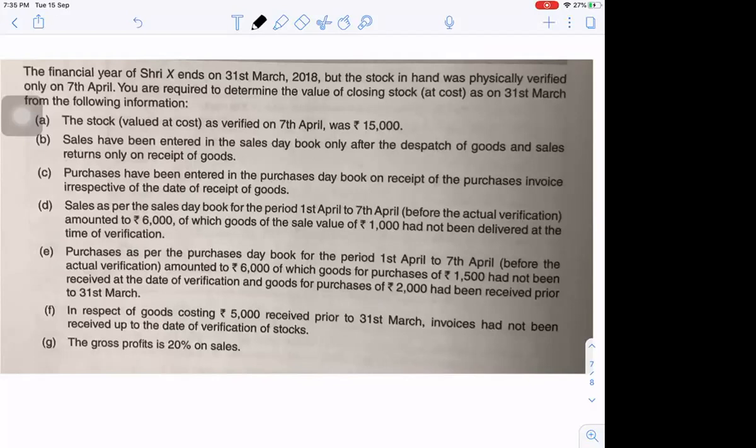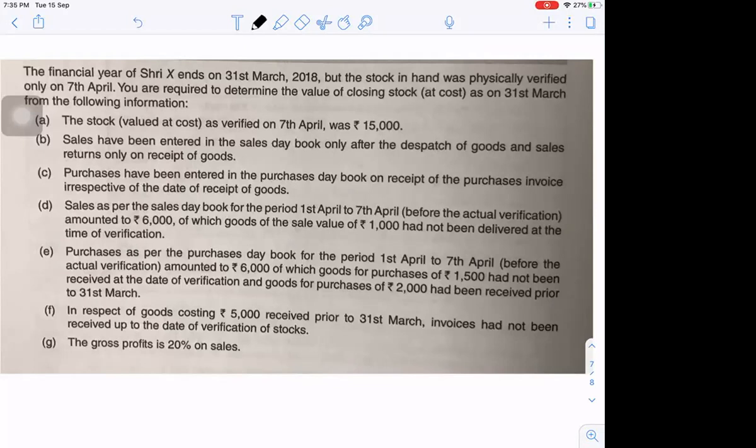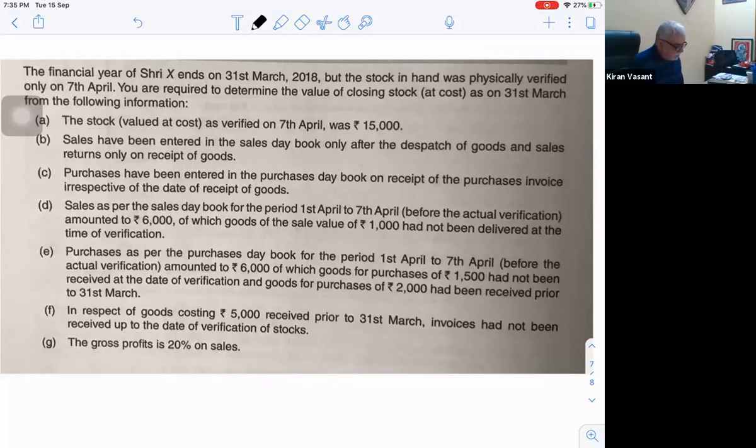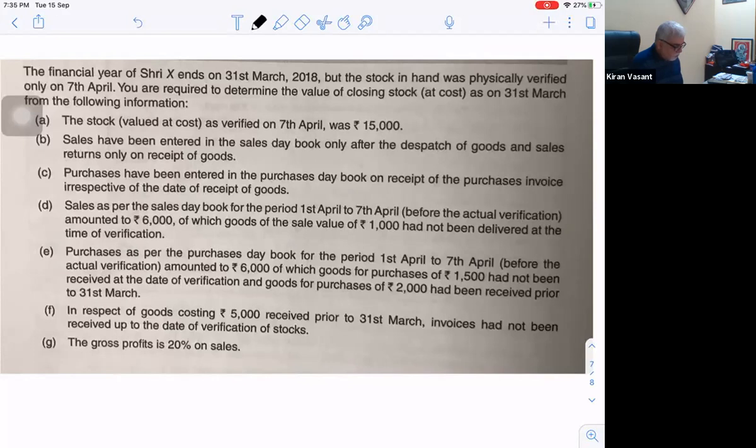Purchases as per the purchase day book for the period 1st April to 7th April before the actual verification amounted to rupees 6,000, of which goods of purchase of rupees 1,500 had not been received at the date of verification, and goods for purchase of rupees 2,000 had been received prior to 31st March. In respect of goods consisting of rupees 5,000 received prior to 31st March, invoices had not been received up to the date of verification of stocks. The gross profit is 5% on sales.